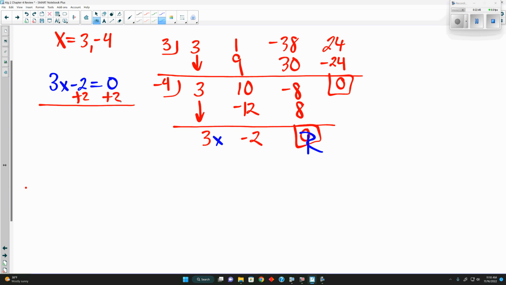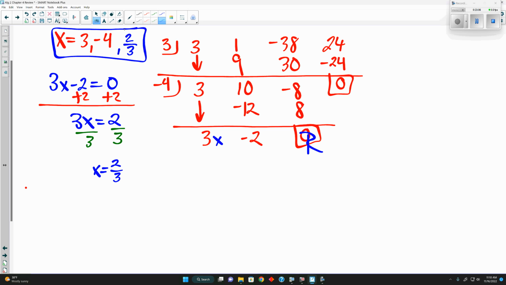So I would add 2 first. 3x is equal to 2. Then we can divide by 3, telling us that x is equal to 2/3. So these here are our 3 solutions.